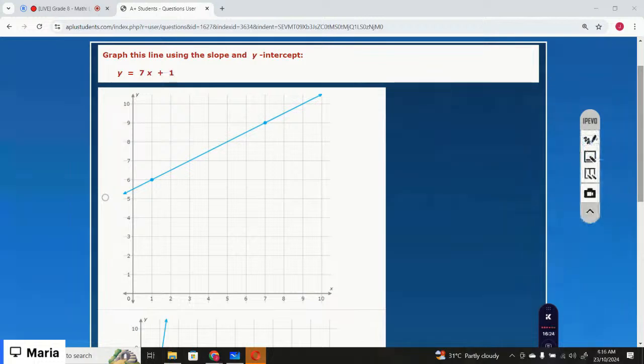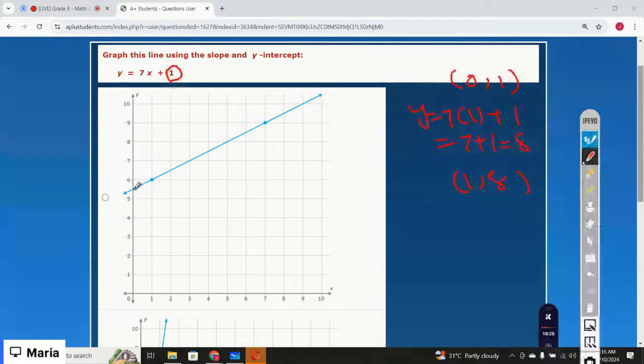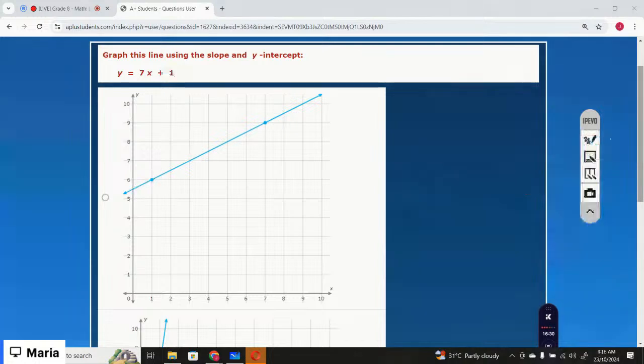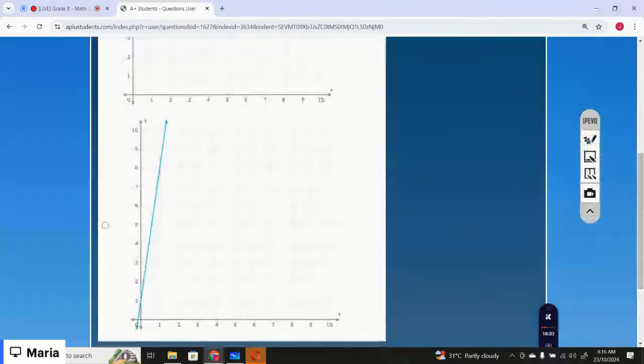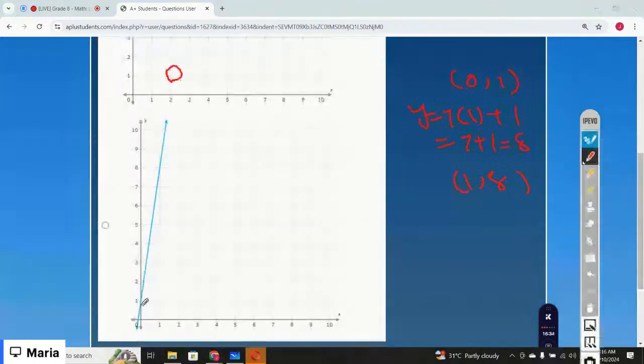You have 2 points, 0, 1, and 1, 8. This graph is not the correct option. You don't have the point 0, 1 here, right? Here is the correct option. Here is the point 0, 1, and here is the point x is 1 and y is 8.